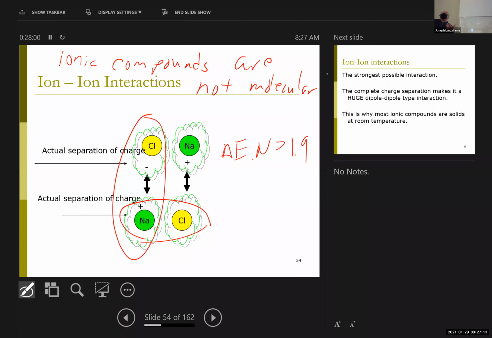What I have is a whole bunch of ions that cling together because of this electrostatic interaction, opposites attract. But there's also no ownership there. That bottom sodium is not really bonded to that bottom chlorine any more than it's bonded to the chlorine at the top. It's just kind of stuck to both of them because they're oppositely charged.